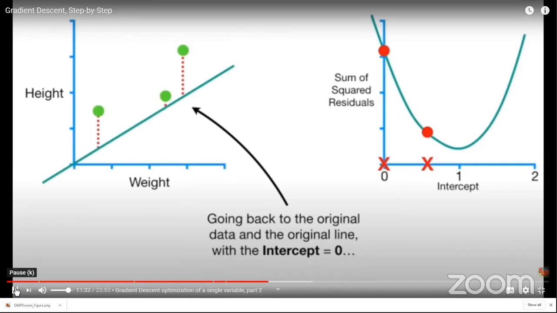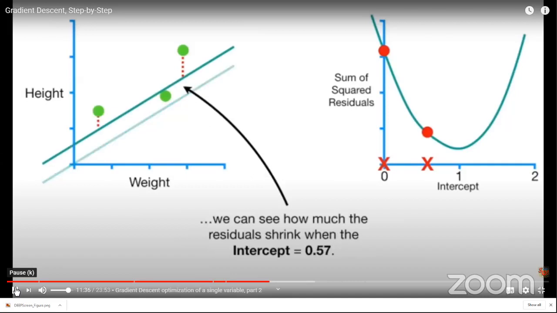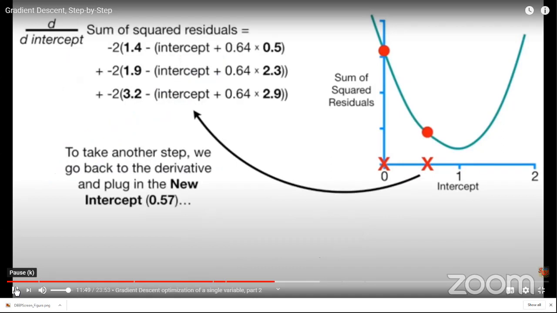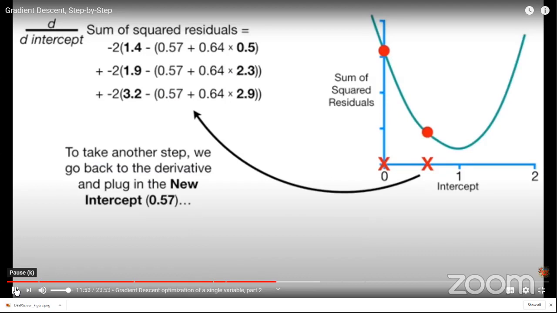Going back to the original data and the original line, with the intercept equals 0, we can see how much the residuals shrink when the intercept equals 0.57. Now let's take another step closer to the optimal value for the intercept. To take another step, we go back to the derivative and plug in the new intercept.